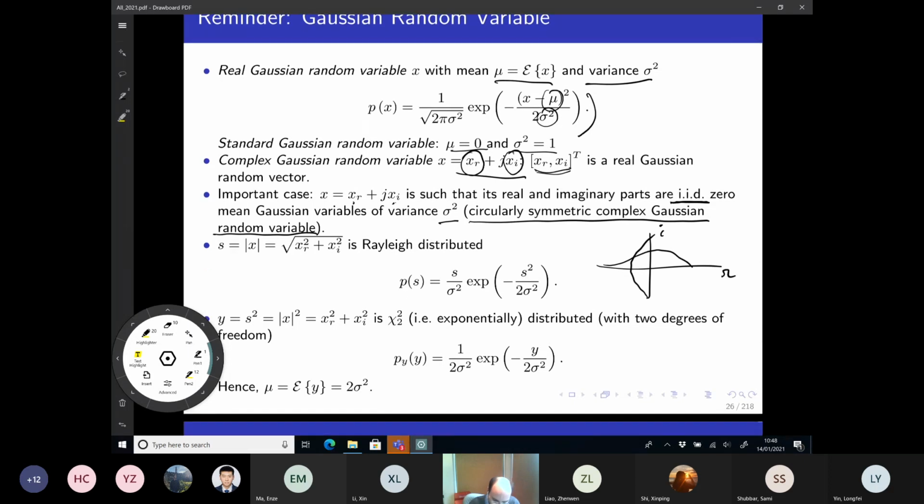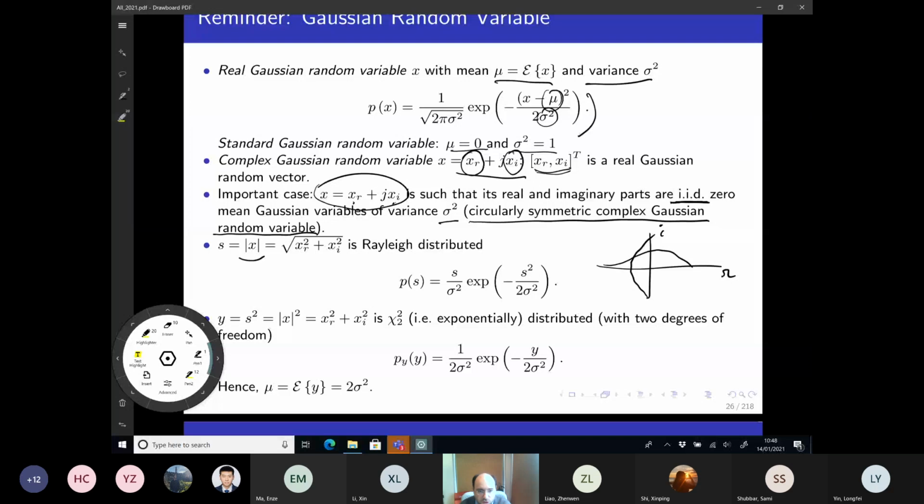If you have that, and you take the magnitude of this quantity, so you take the magnitude of x, which is essentially the square root of the square of xr plus the square of xi. This is actually Rayleigh distributed, right? And this is something we have done in probability second year as well. You obtain that by doing a change of random variables.